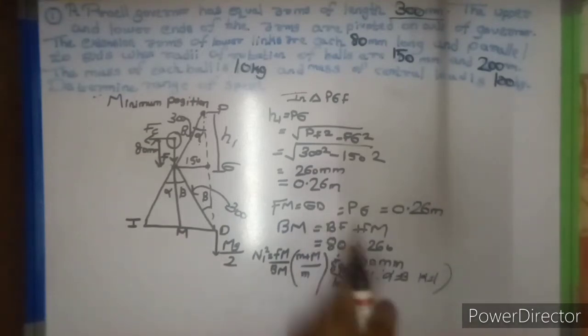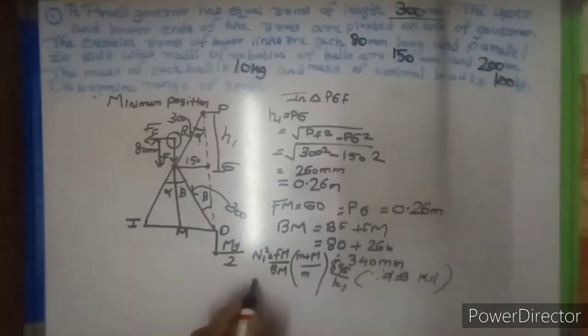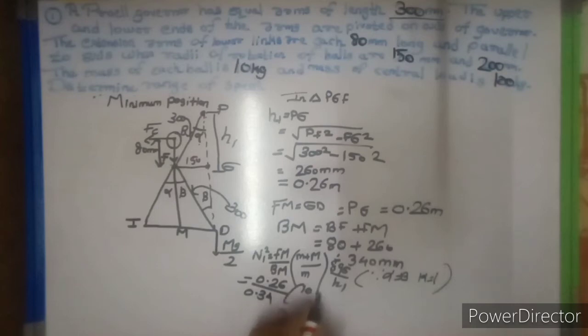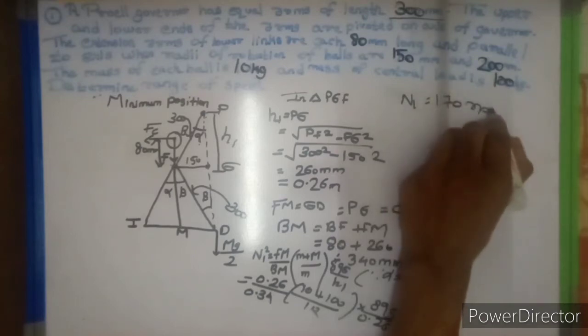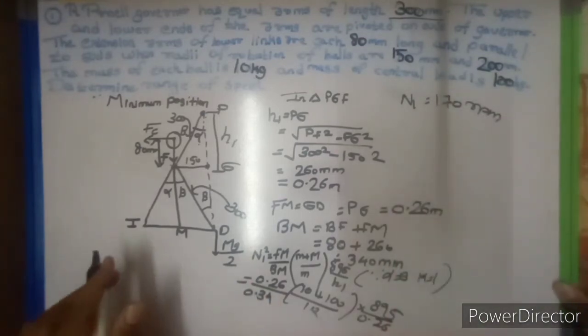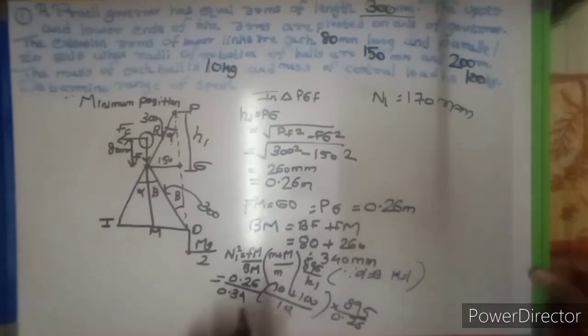Here it was 1 plus k in the numerator and 2m below, so with k equal to 1, 1 plus 1 is 2, and the 2 cancels. So just substitute the values in terms of meter. FM is 0.26, BM is 0.34, small m is 10, capital M is 100, small m is 10, 895 upon 0.26. So you get N1 is equal to 170 RPM. You can check in the calculator if you have any doubts.